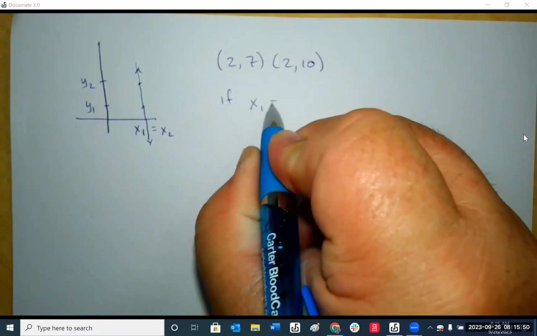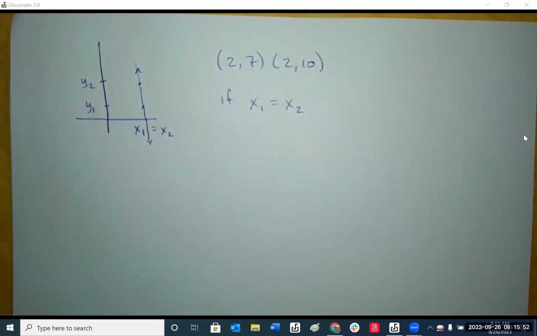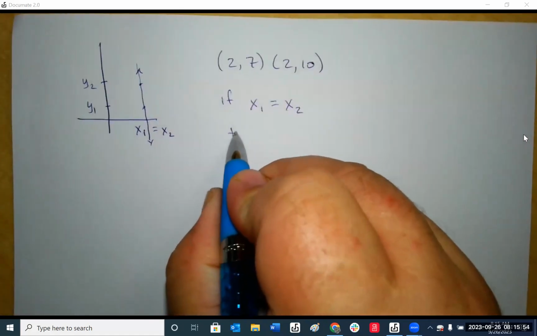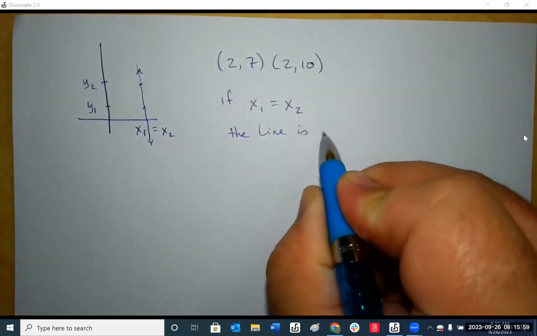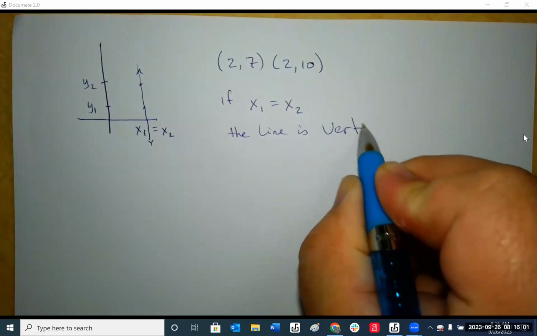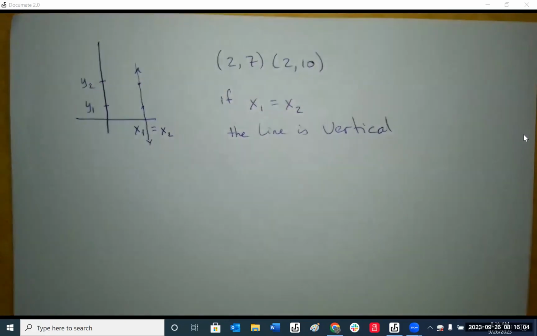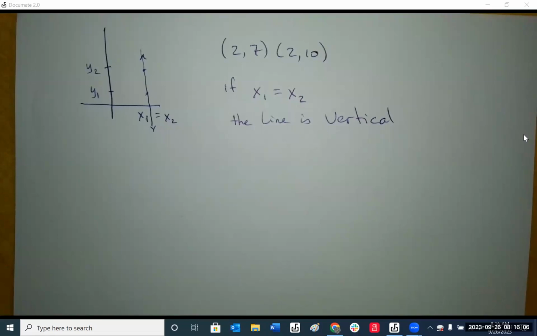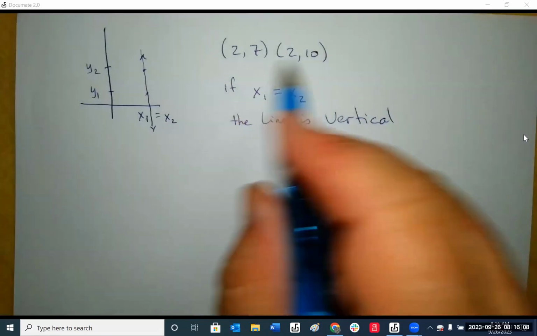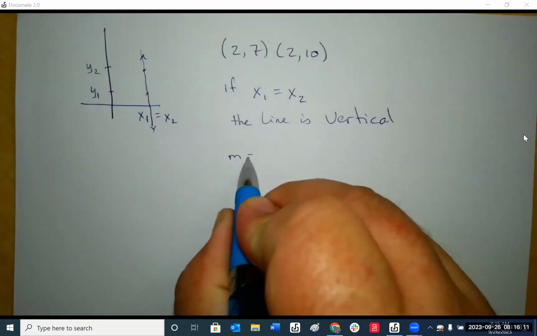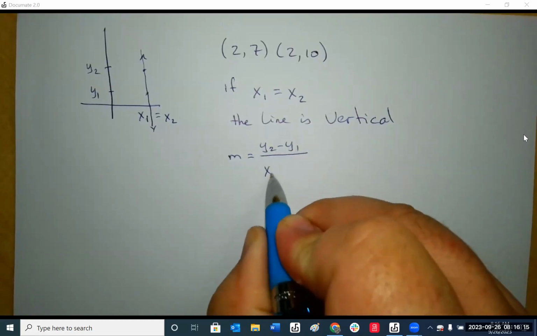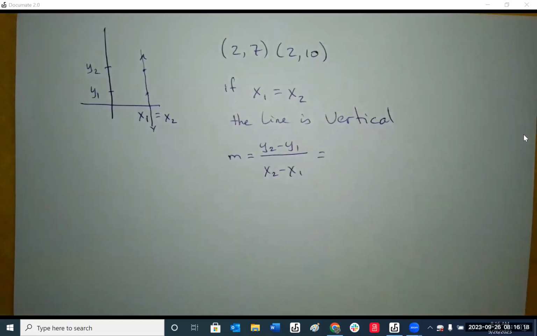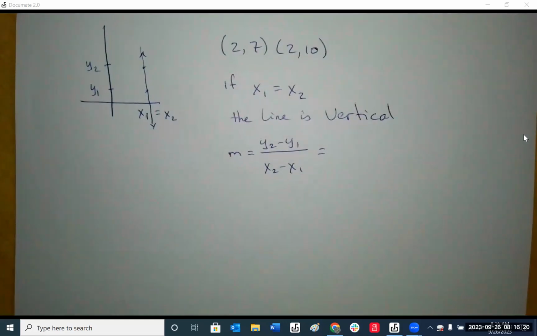If the x's are equal, the line is vertical. Work out the slope equation of this one. Work out the slope equation.